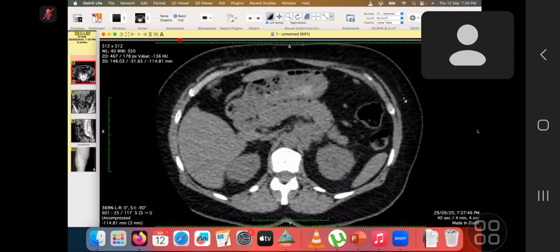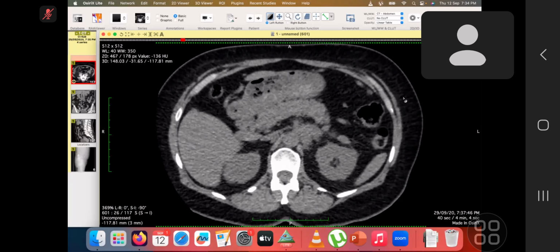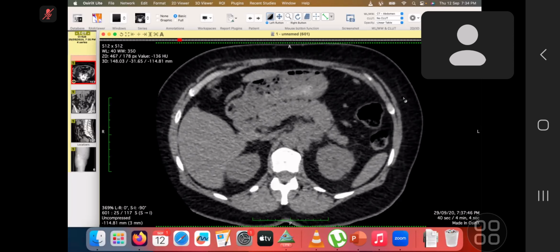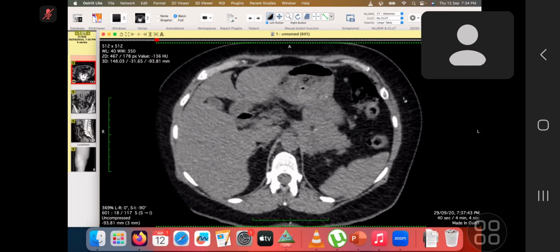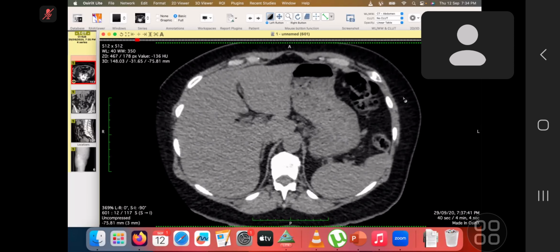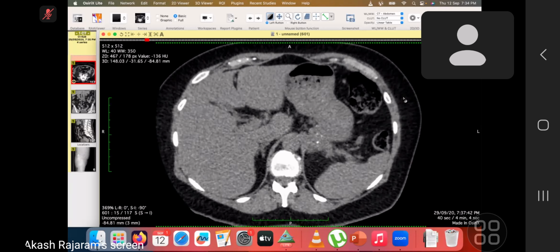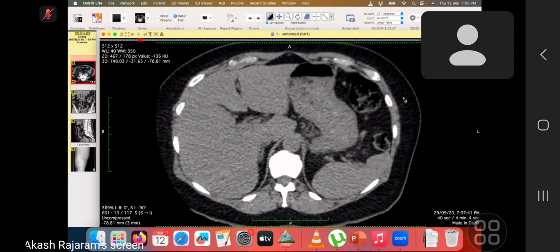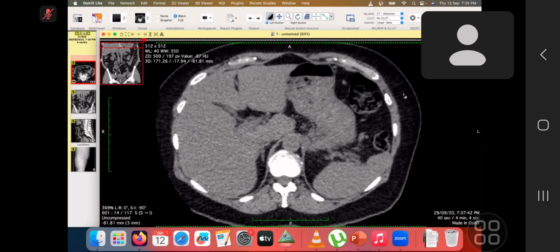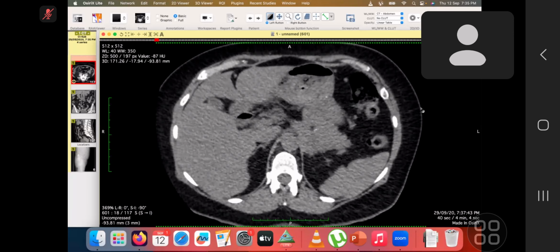So I cannot clearly appreciate the left adrenal gland, and the right adrenal gland is clearly outlined. So I'm suspecting this is an adrenal lesion. So I would correlate with the history of any previous trauma, and further I would take the post-contrast study for this patient to confirm if this is an enhancing lesion.